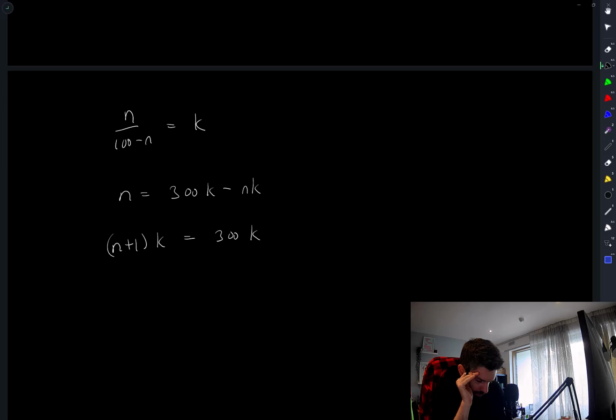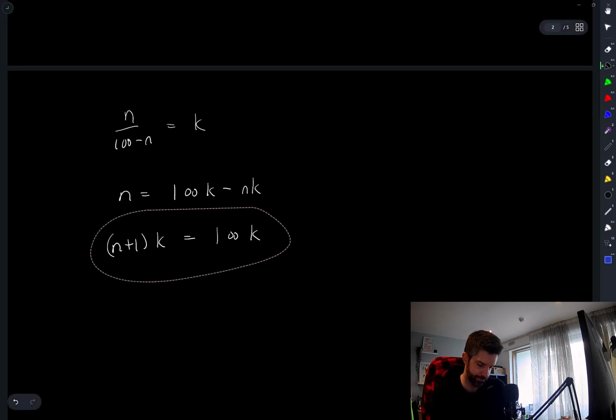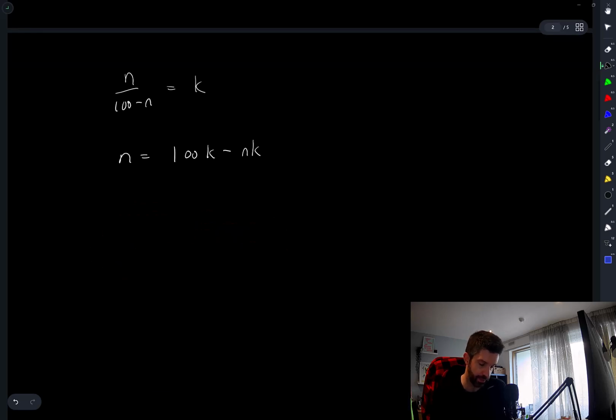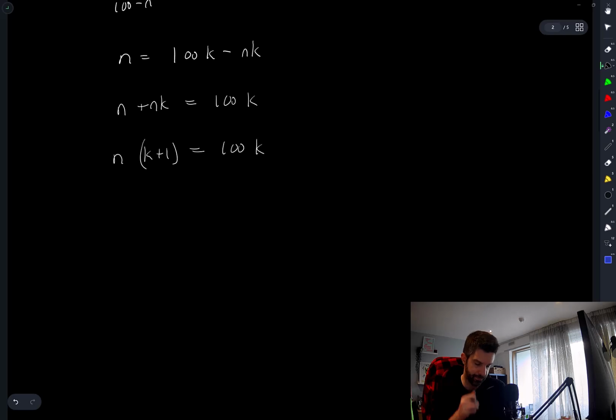So 100k minus nk. Oh my goodness, I am tired. This is n plus nk is equal to 100k. So I have n times k plus 1 is equal to 100k. So n is equal to 100k over k plus 1.